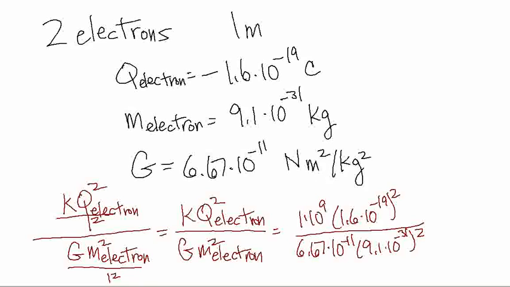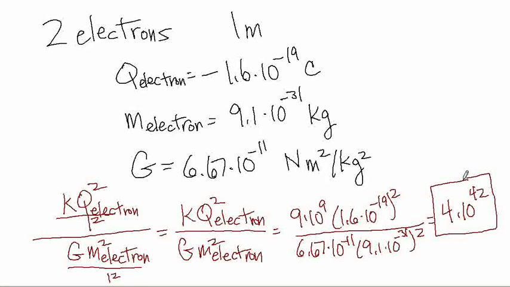So go ahead and plug that into your calculator if you like, if you haven't done a similar calculation already, and you will see that you will get the following answer: 4 times 10 to the 42.